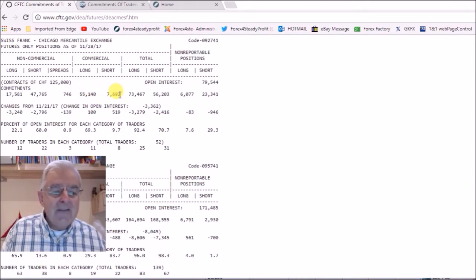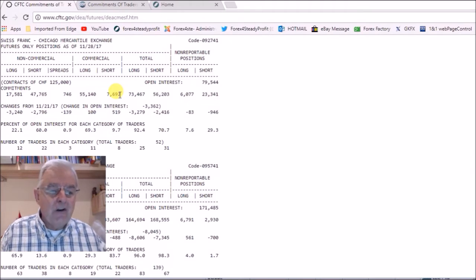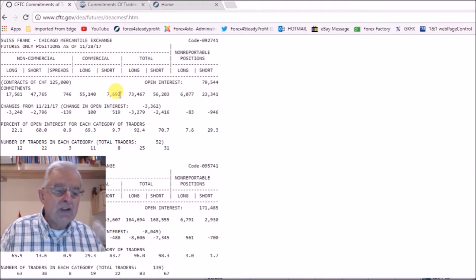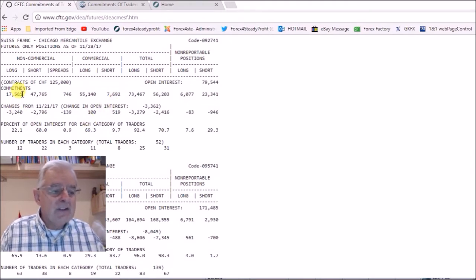So for every 7 contracts they've got out long, they will have 1 contract short. Conversely, on the other side, the non-commercials, the speculators, have more short contracts than they do long. So there is a divergence between the two, and we will have a look now on the graph to see how that pans out.